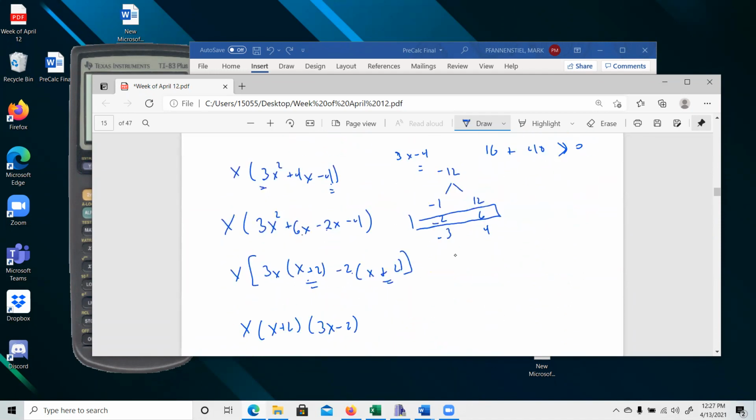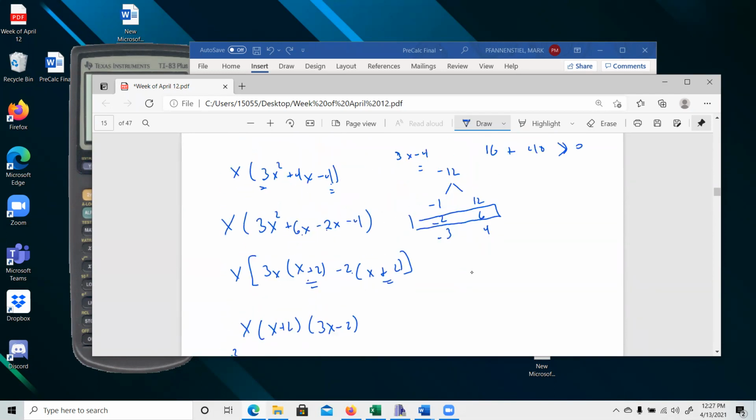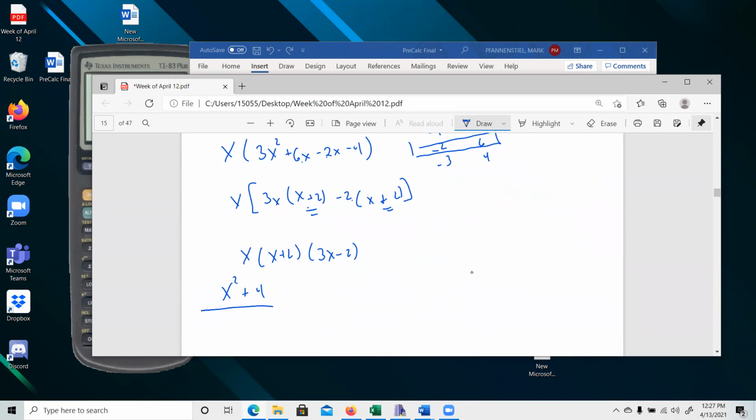All right, next step. So we have x squared plus 4, right? That's our problem, x squared plus 4 over x plus 2, 3x minus 2. Okay. I mean, technically, when you're done with all of this, your next step is you're going to do calculus on this.